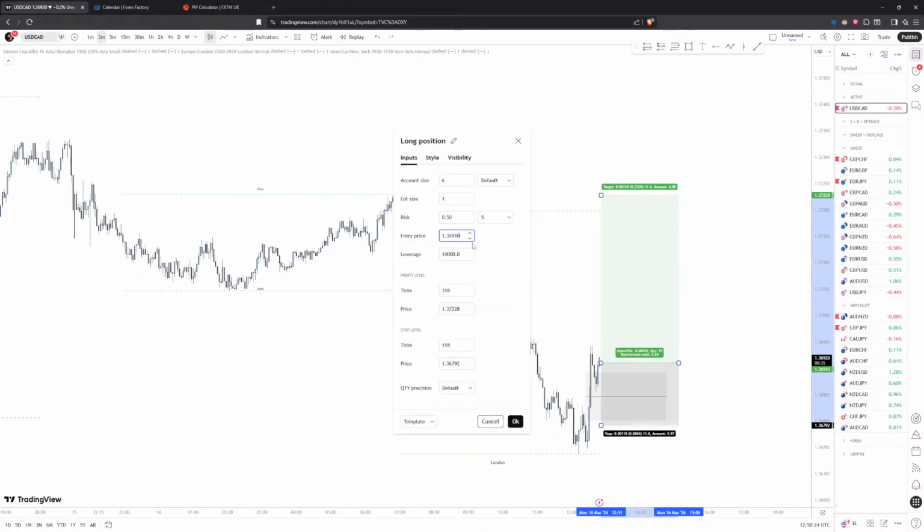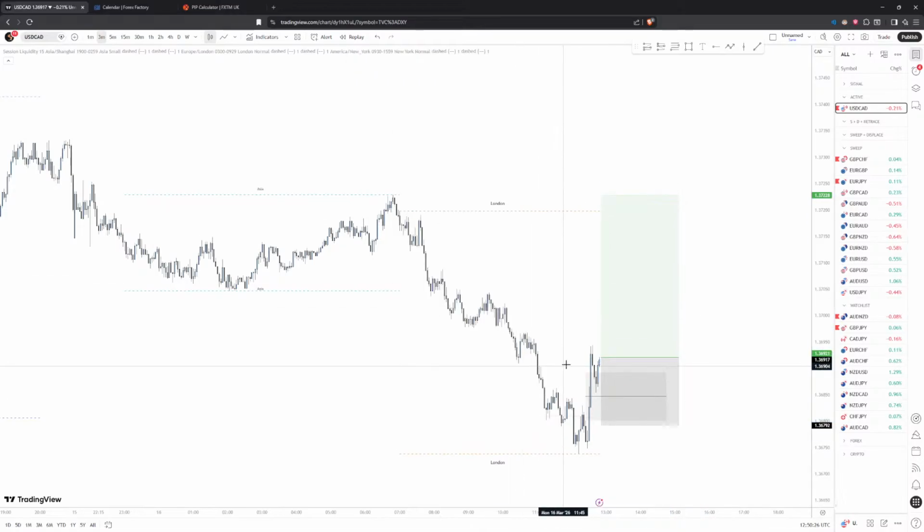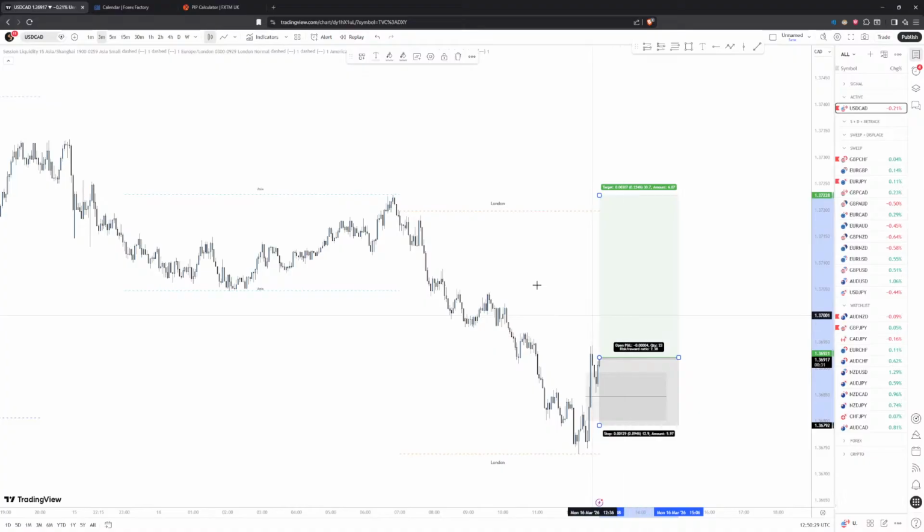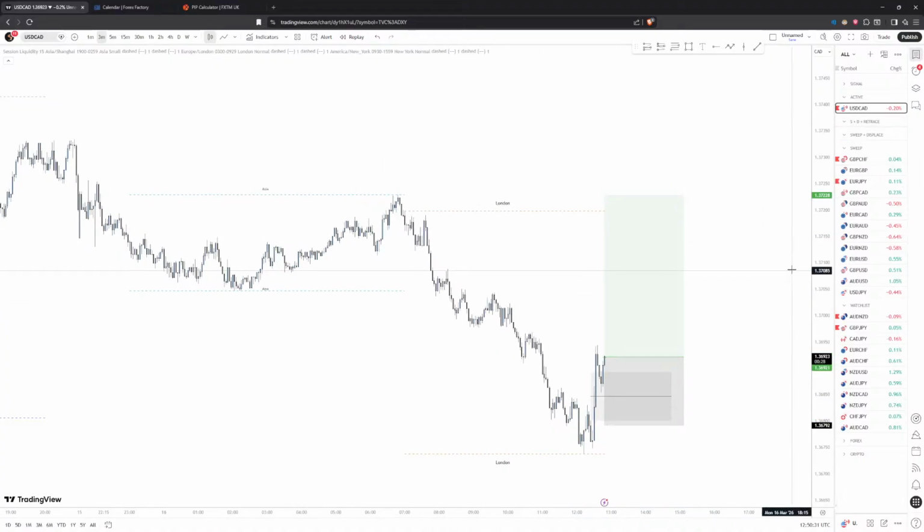So with the spreads, we go in at 2-1. Cool.